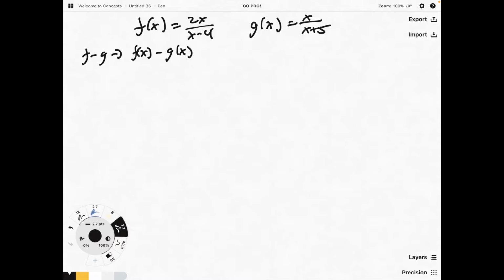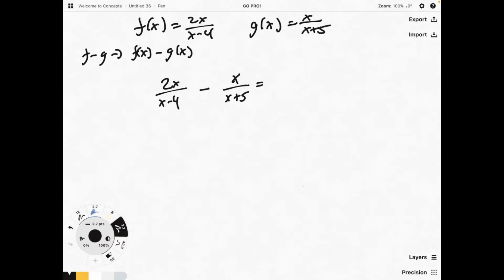If we substitute in f of x, we're going to get 2x over x minus 4. And then if we substitute in g of x, we are going to get x divided by x plus 5.